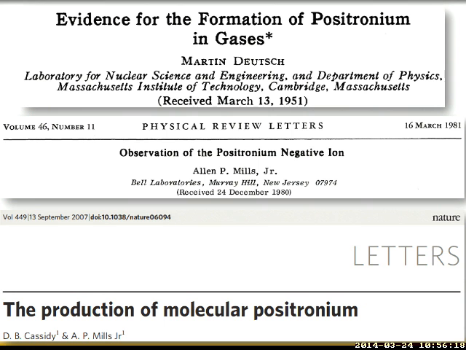What's nice about what they're doing here, they're basically producing a large number of positrons and then throwing them at porous silica. And what you end up with are long-lived positronium atoms, which then can interact with each other, and that's how they get the signature for the positronium molecules.